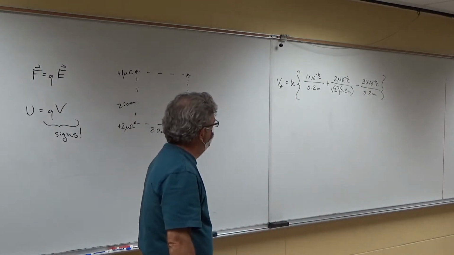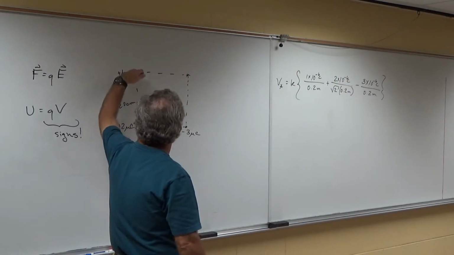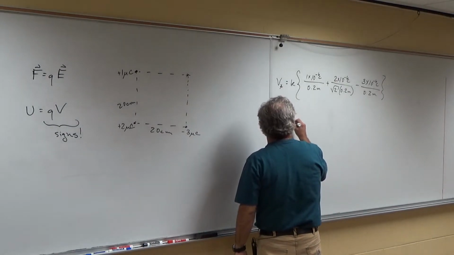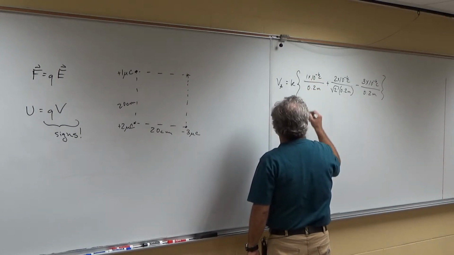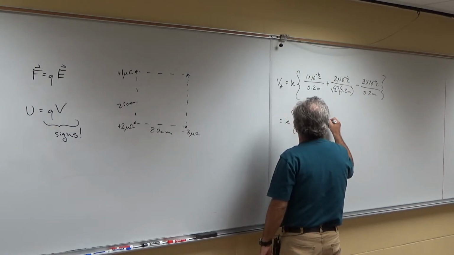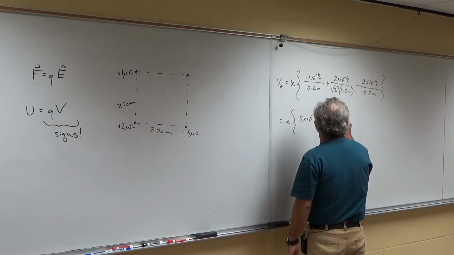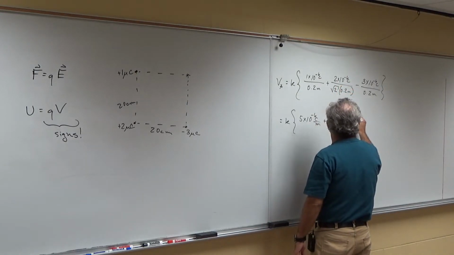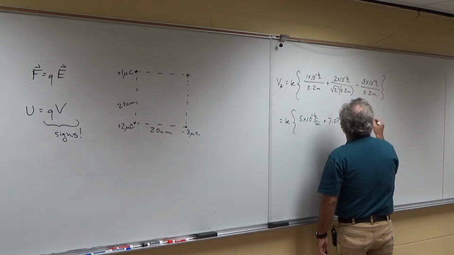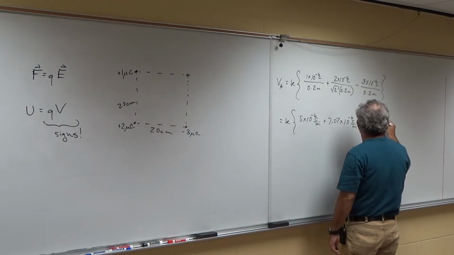So this is equal to K times 5 times 10 to the negative 6 coulombs per meter plus 7.07 times 10 to the negative 6 coulombs per meter, and I'm going to write that as negative 15 times 10 to the negative 6 coulombs per meter.